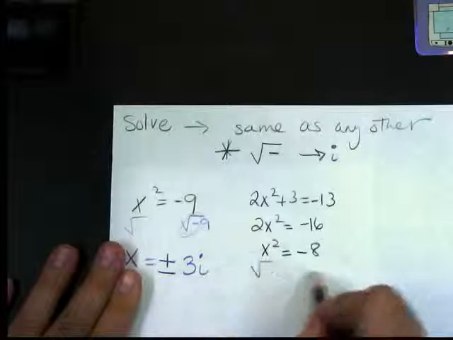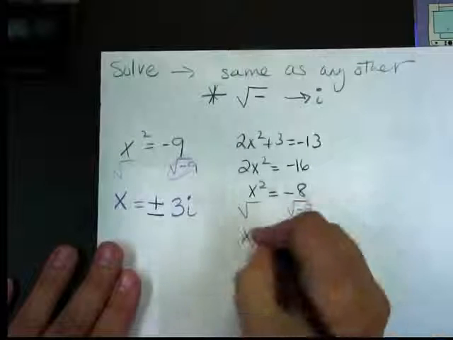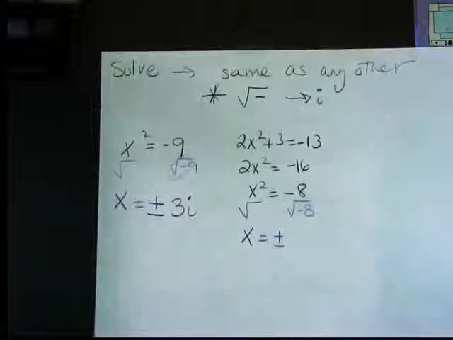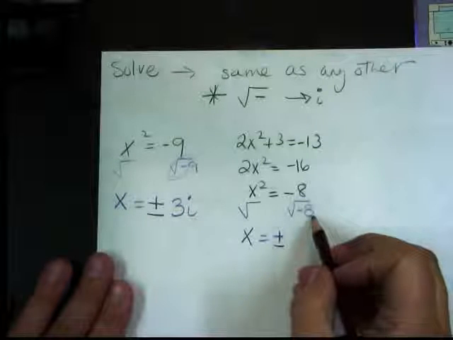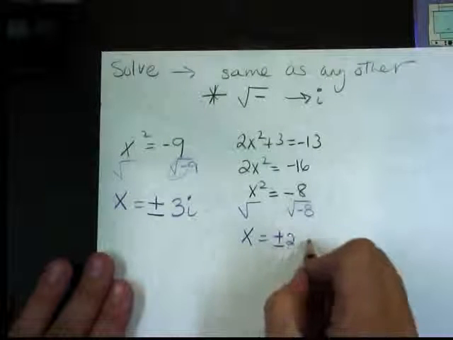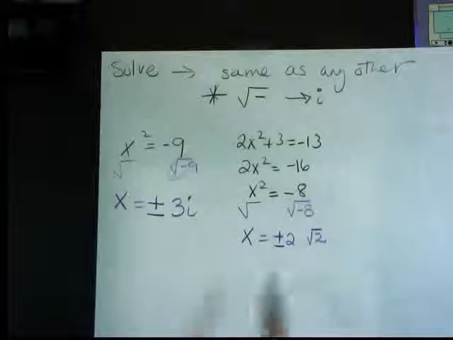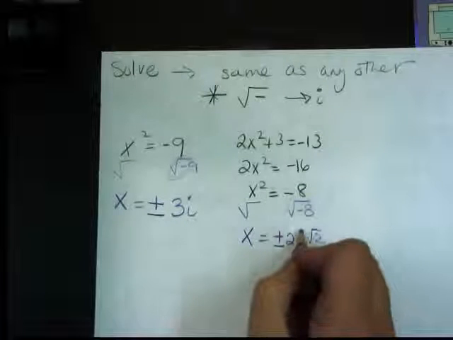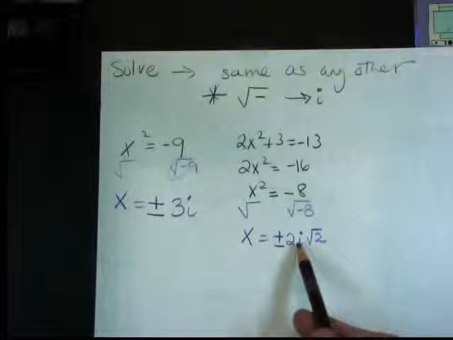When I square root both sides, the x is fine, and I get 2 answers. Always 2 answers, square root, solving. The square root of 8 is 2 root 2. But because I'm square rooting a negative, I got to have an I as well. And that comes out right next to the 2.